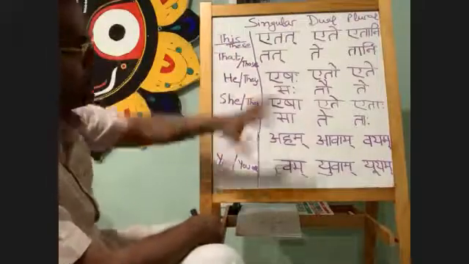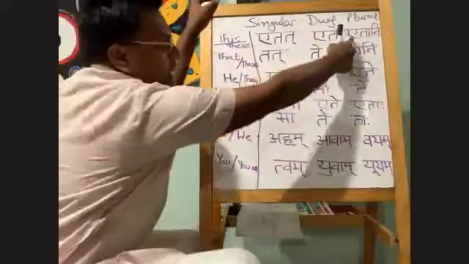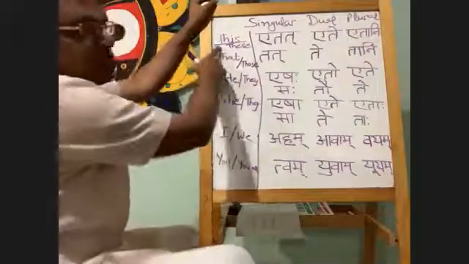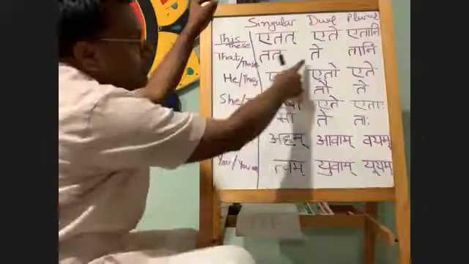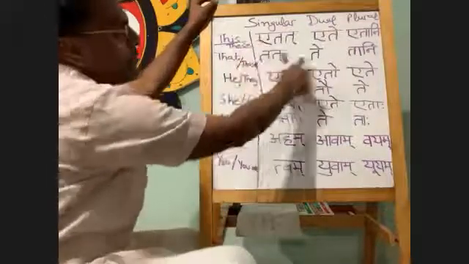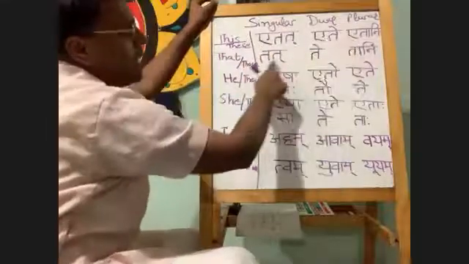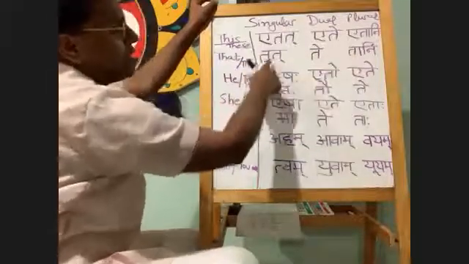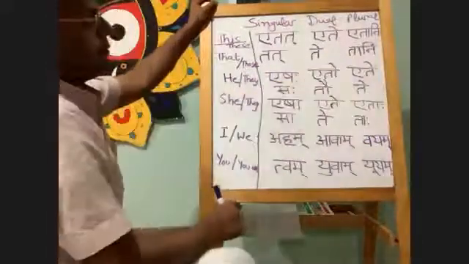Okay, so let's revisit these words here. Etat, ete, etani, for addressing this or these, something like a neutral object. And tat, te, tani. So this and that: the Sanskrit word difference is the e in the beginning, that is removed here. So etat becomes tat, ete becomes te, etani becomes tani.